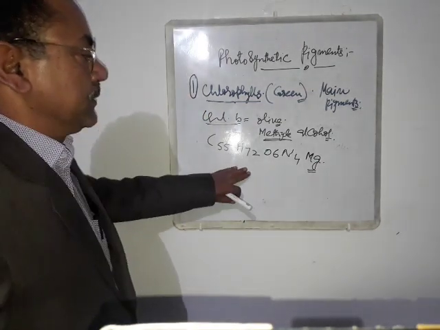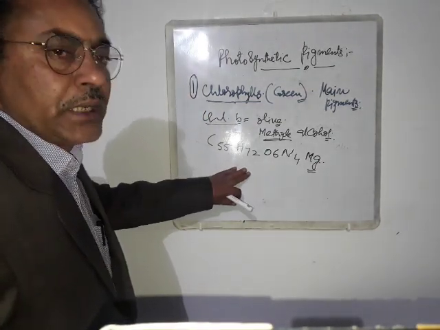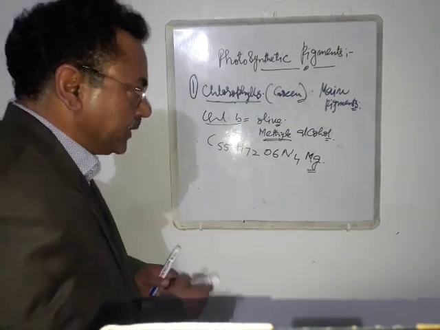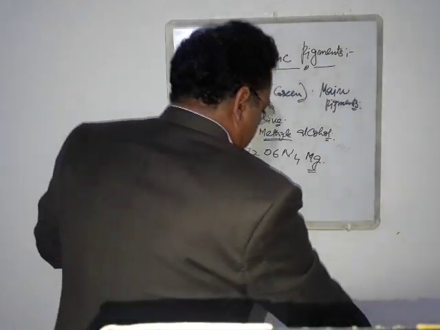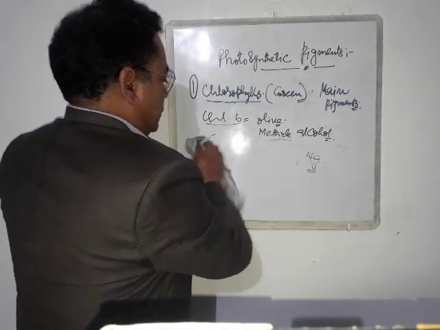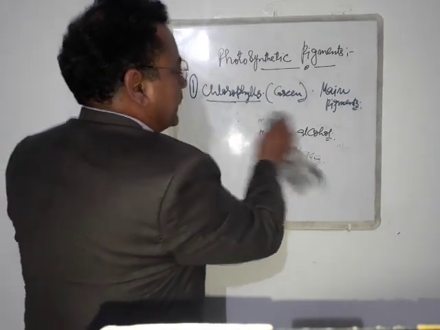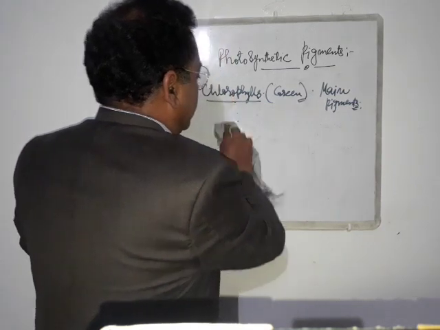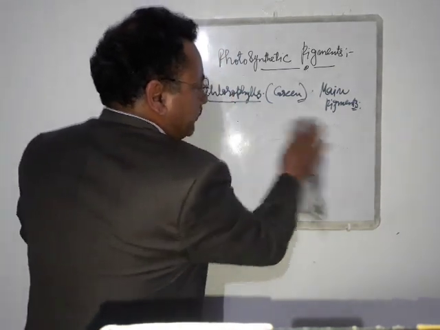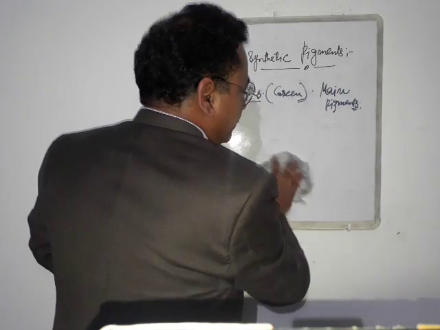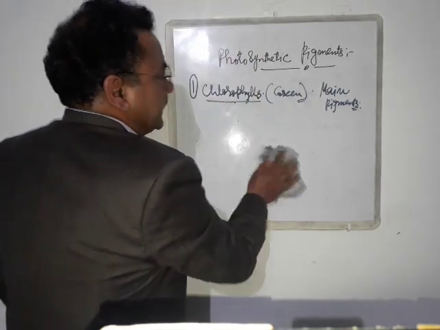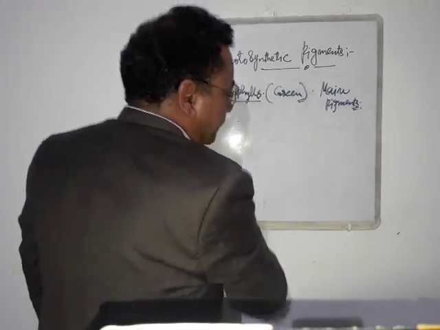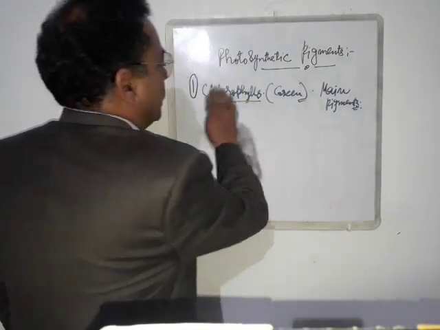This is the structural formula of chlorophyll B. So this was about the chlorophylls. Chlorophylls are found in the green parts, and where it is in abundance, it will impart the green coloration.